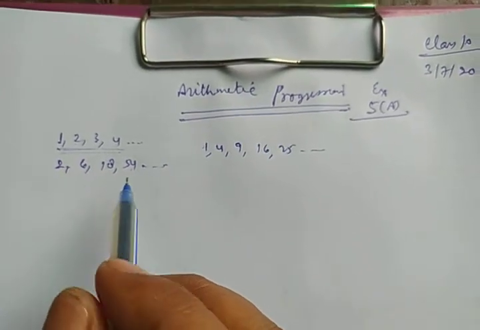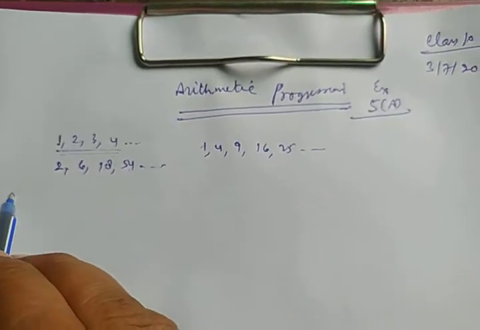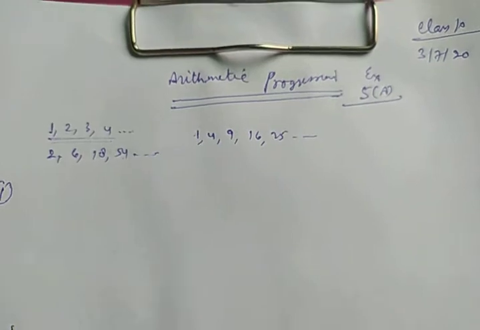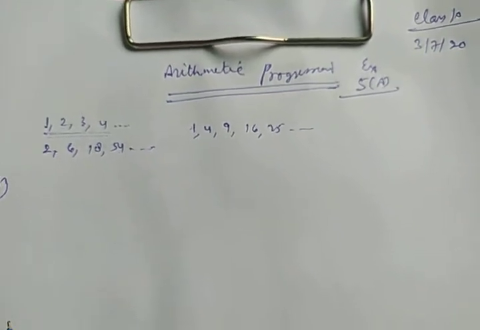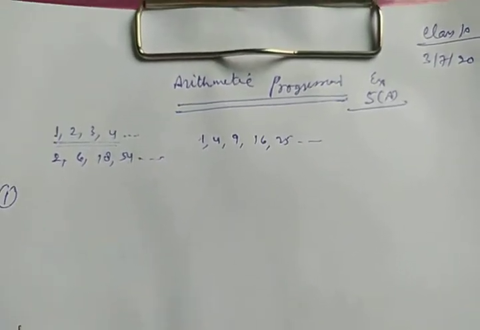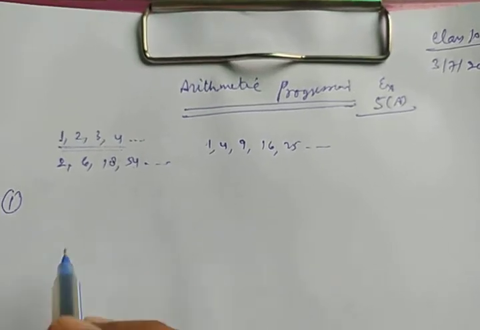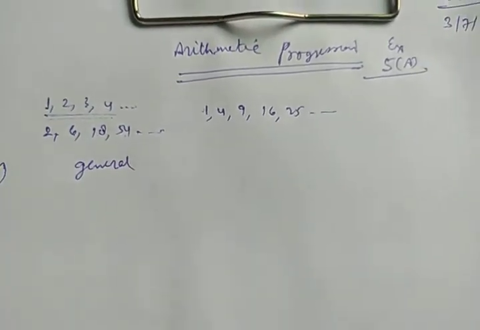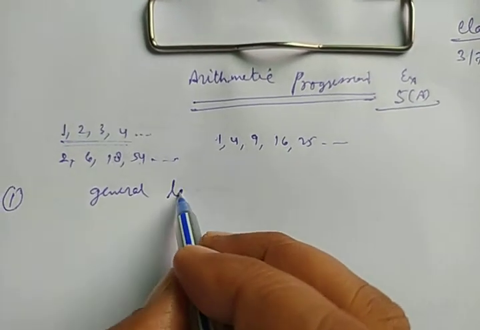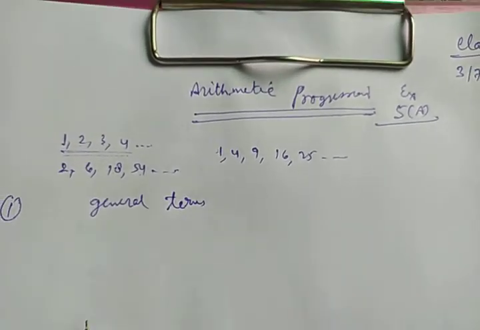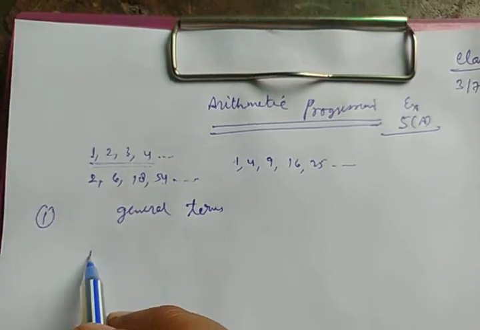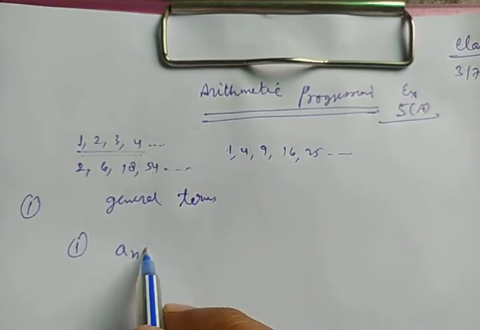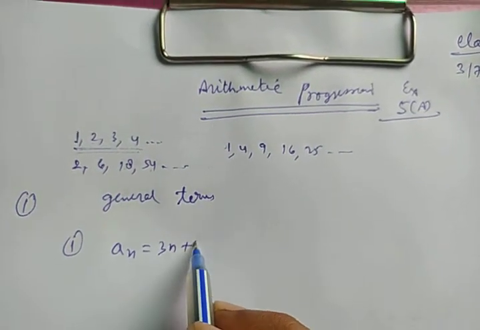In this exercise 5a, the first question is written. The nth term has been given. Nth term means you can say the general term. The first part has been given in the question, an is equal to 3n plus 1.